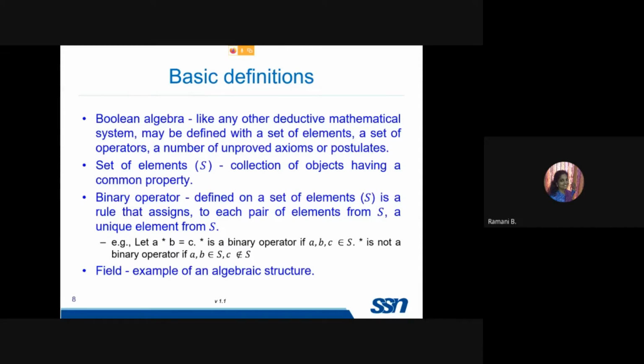For this star operator to be a binary operator, the condition that should be satisfied is that whatever operation I perform on the elements A and B, the result C should also belong to the same set of elements. If A and B belong to a set and the result C is not in that set, then we don't call that star a binary operator. Next is the field. A field is an example of an algebraic structure. These are some of the basic definitions you need to know.